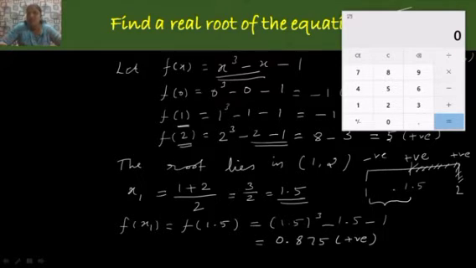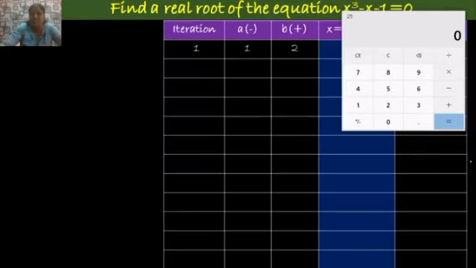Next we have to bisect this interval, that is 1 and 1.5, and find the value of the function at this position. Like this, we have to use the bisection method. We have to find the root with the desired accuracy. Let me list out all these iterations in a simple table.